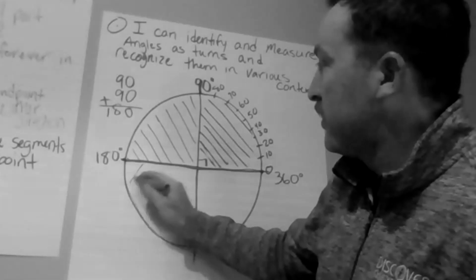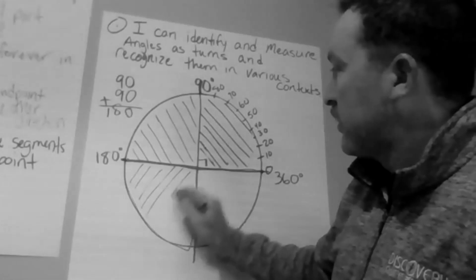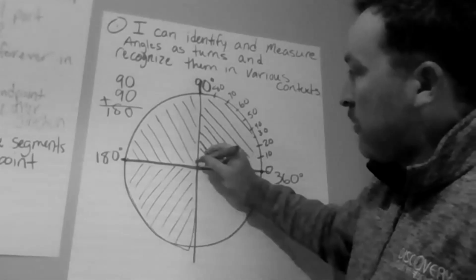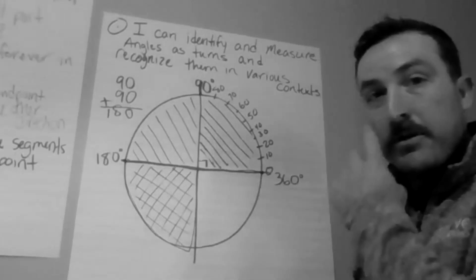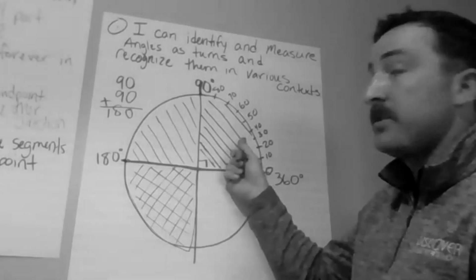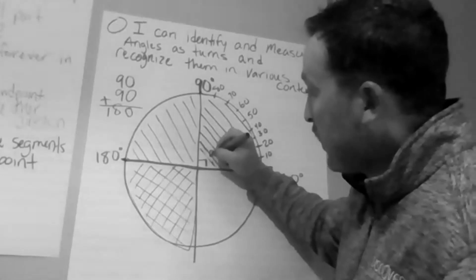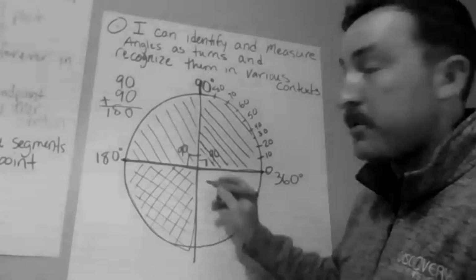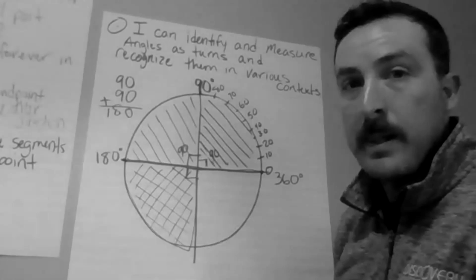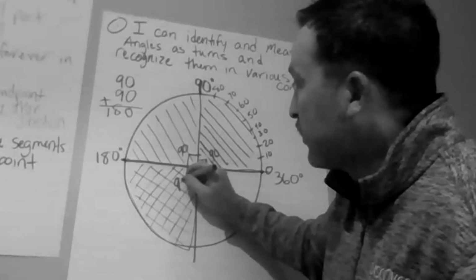We'll do it in a different direction. How many degrees is this one? If this one's 90, you can say this is 90 degrees. This one is 90 degrees. How much is this one? 90. Yeah, it's another 90 degrees.